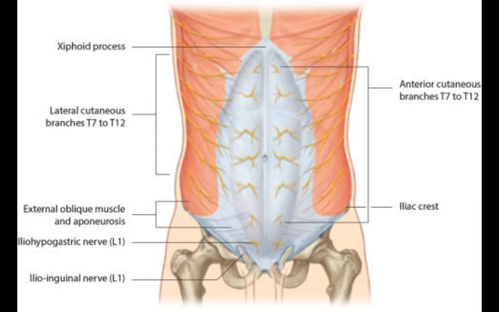So whenever any surgical incision has to be made to the anterior abdominal wall, it should not be done through the linea semilunaris, because it may cause damage to the nerves which are entering the rectus sheath and supplying the muscle. And if those nerves are damaged, ultimately the rectus abdominis muscle is injured, and that causes paralysis. Okay, so that is about the linea semilunaris, which is the lateral margin of the rectus sheath.